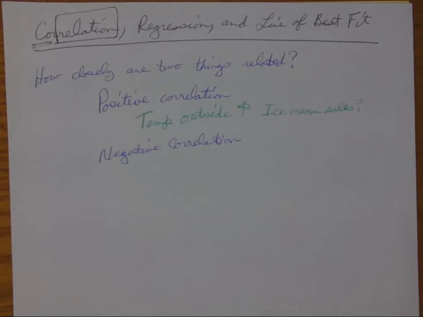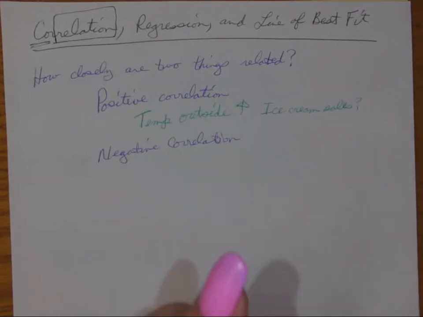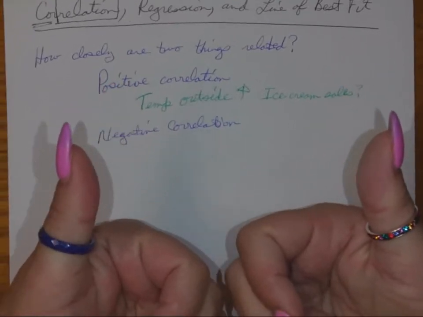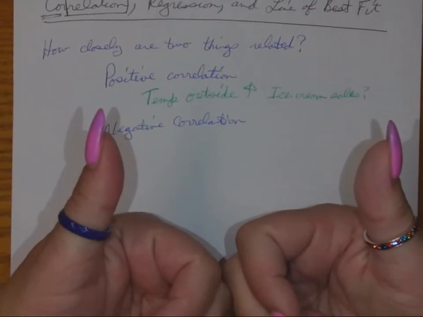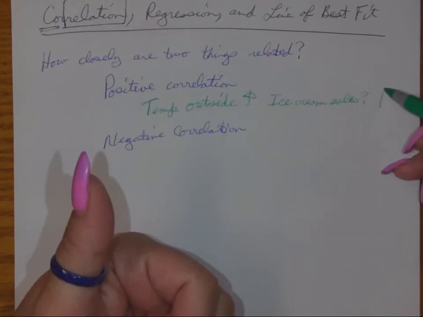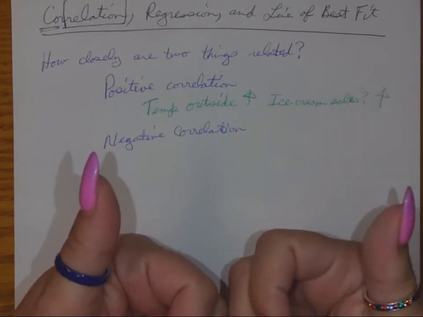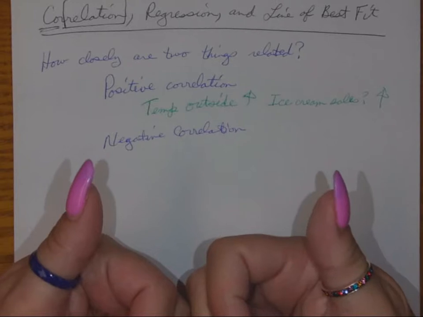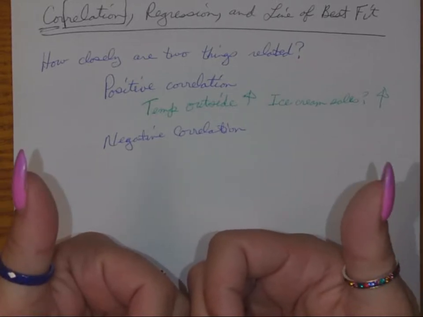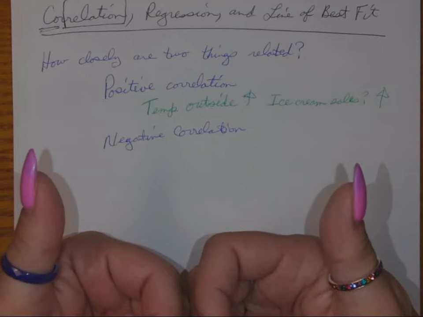And if we were in class, I would do the thumbs up, thumbs down thing. So as the temperature outside goes up, the ice cream sales also normally go up, right? Okay, it doesn't mean that we don't sell any ice cream whenever it's cold outside, but I can tell you in Texas in July when it's 105 degrees that the temperature is definitely up, and the ice cream sales are probably also up as well.